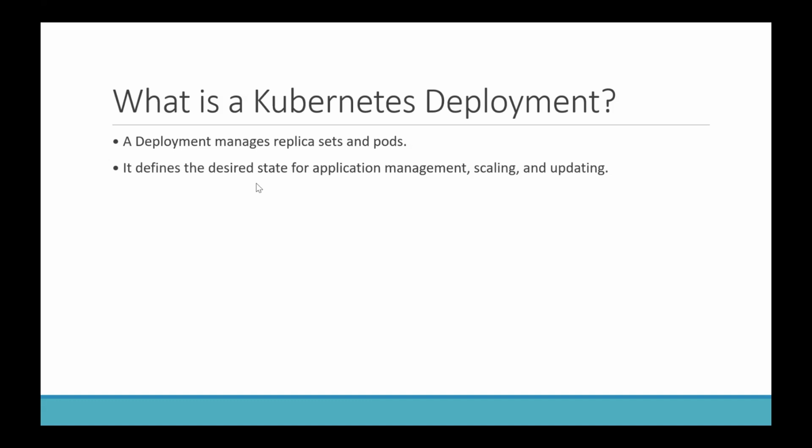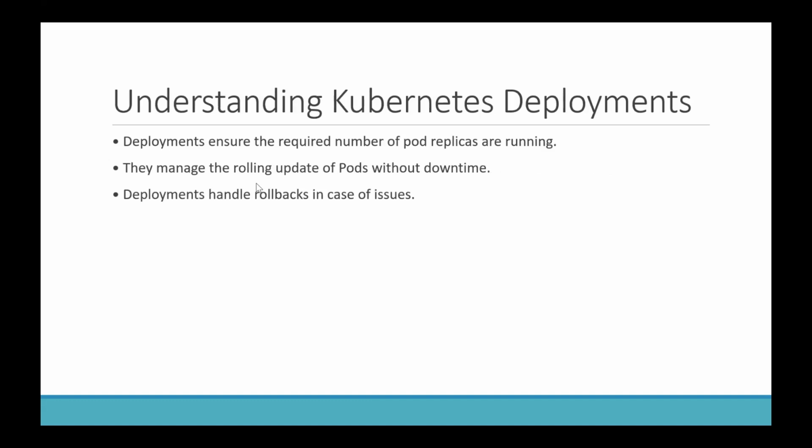A deployment ensures the required number of pod replicas are running. Generally, we create replica sets inside the deployments, so it will make sure whatever replicas we have specified in our YAML manifest file will always be running at any given time.